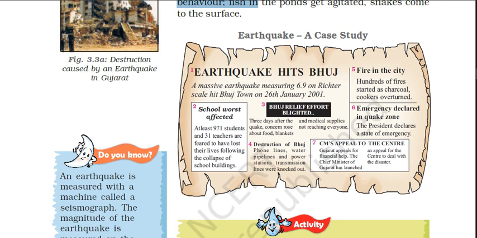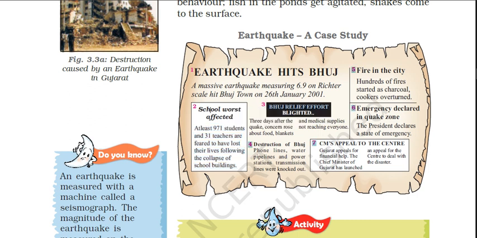This is an earthquake case study. Earthquake hits Bhuj. The massive earthquake measuring 6.9 on the Richter scale hit Bhuj on 26 January 2001. School worst affected. At least 971 students and 31 teachers are feared to have lost their lives following the collapse of a school building.